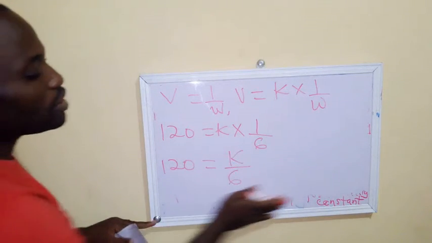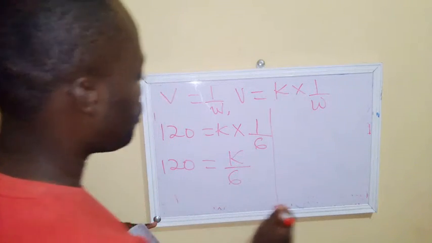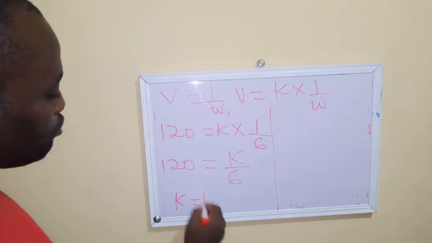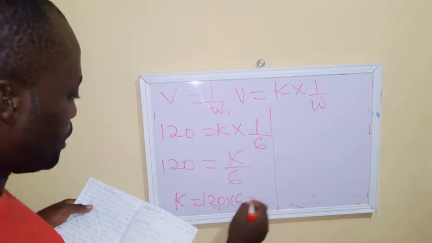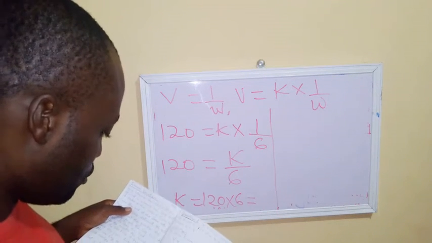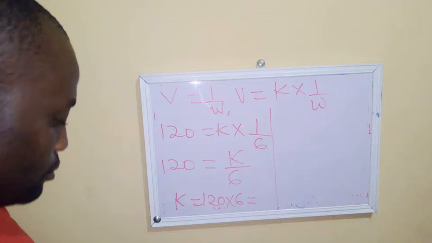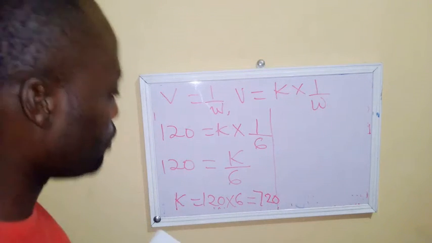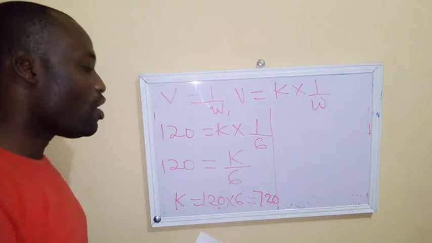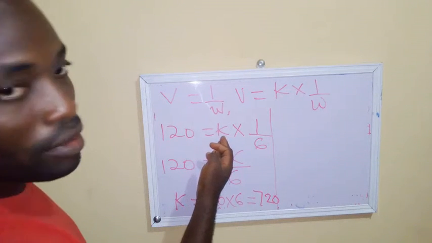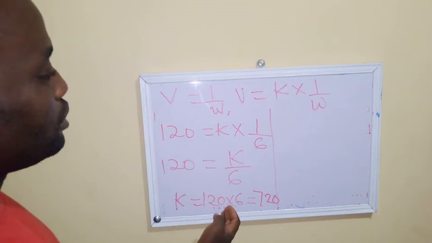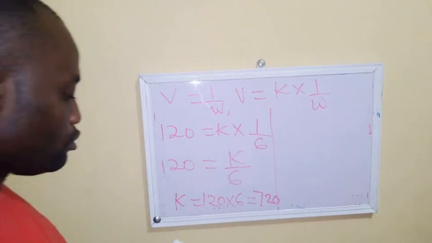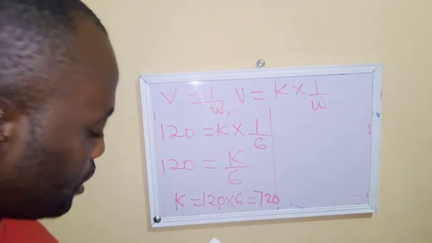So the next thing we need to do now is to cross multiply so as to look for the value of K. So K will be 120 multiplied by 6, and we are going to have 720. So which means the constant that we are looking for, the unknown, is 720, which means we have to multiply the right hand side by 720.